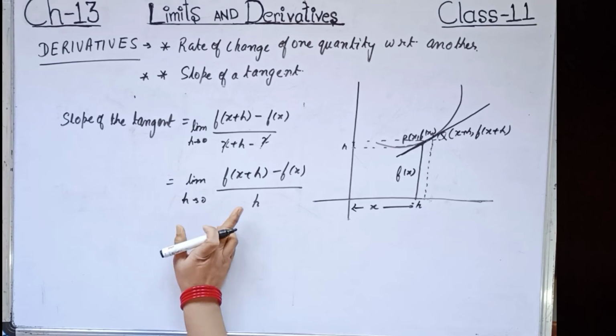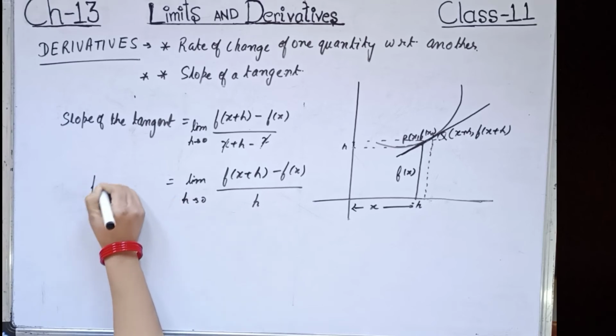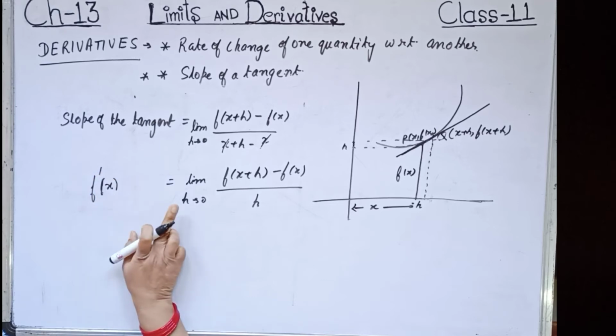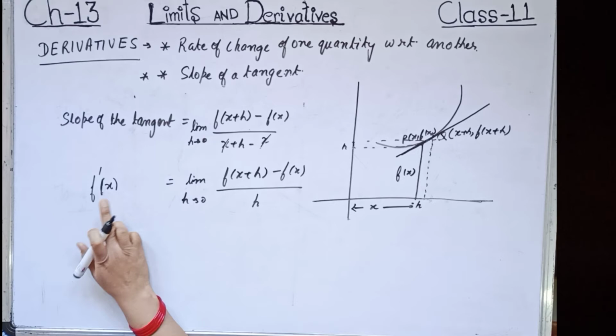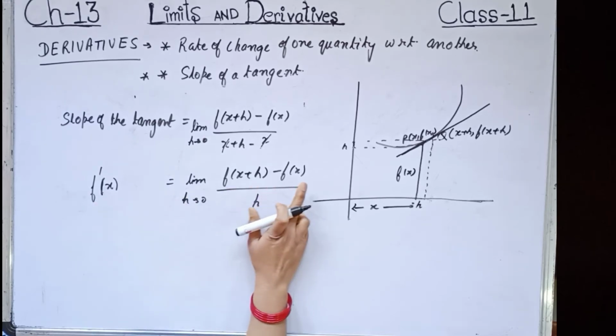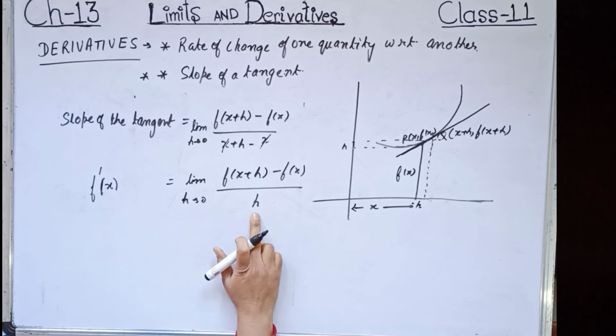This derivative of f(x) we write as f dash x, we read it as f dash x. So f dash x equals limit h tends to 0 of f(x plus h) minus f(x) divided by h.